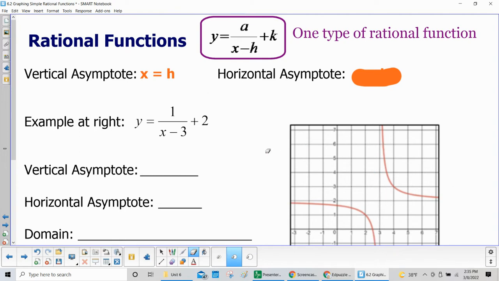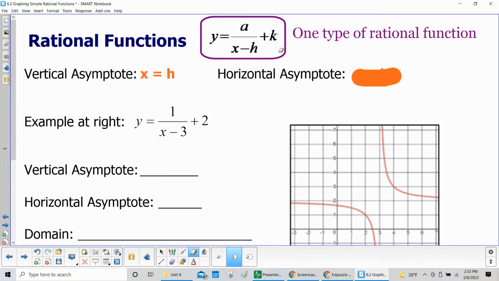Think slope. What's the worst curse word in math and in algebra? Undefined. So if x was equal to h, it'd be h minus h, and that would create 0, and that's an issue. So we have to have a vertical asymptote that keeps us from reaching that value.